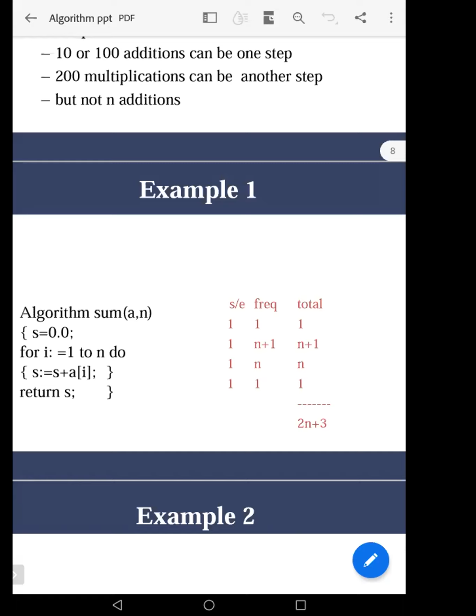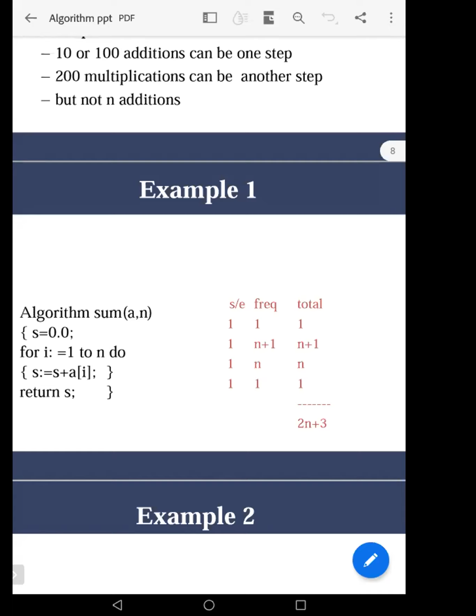There are different types of time complexities in terms of big O. Later on I will discuss big O. If it is big O of 1, that means it is a constant time complexity.